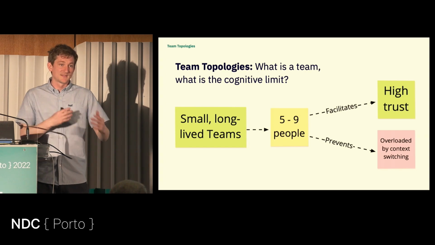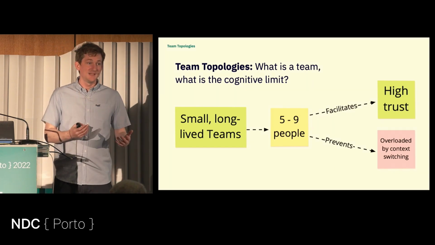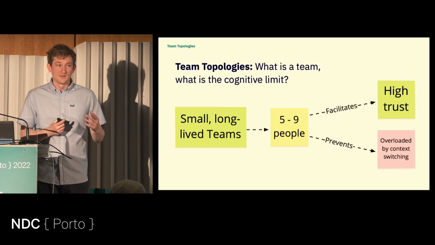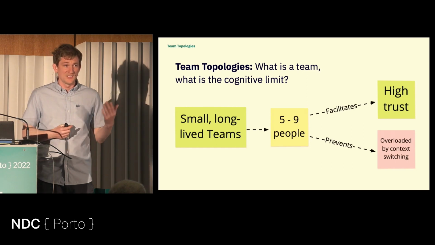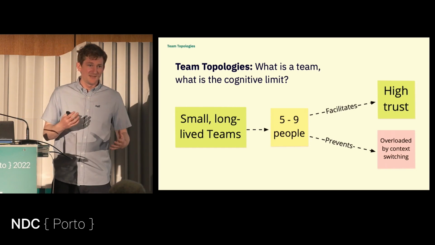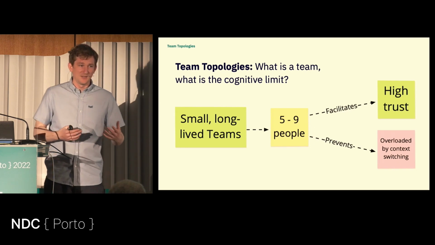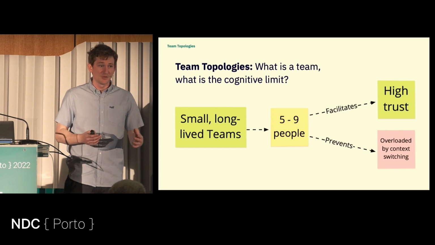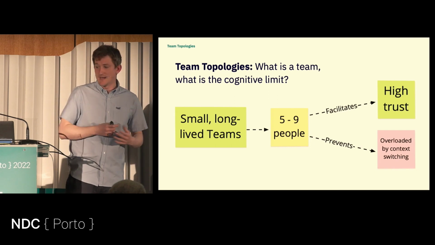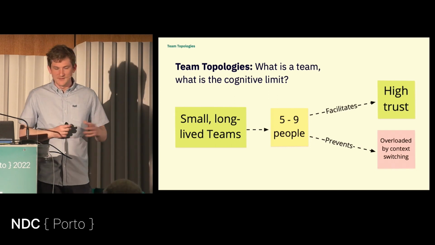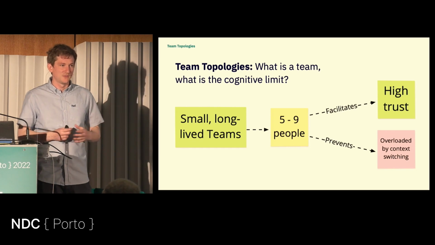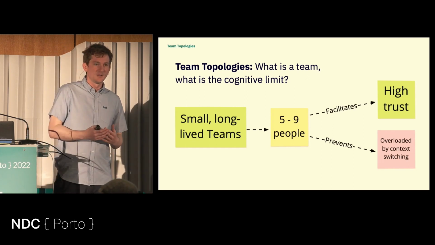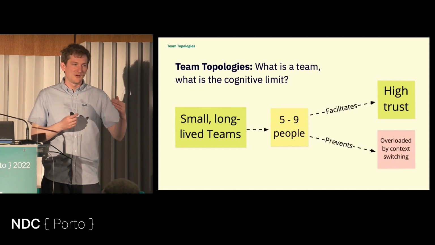They're saying that a good team is 5 to 9 people. In my experience, I would strongly agree with that. When I've been in a team with more than 9 people, you do start to get a lot of distractions. It's hard to keep up with all the people in your team. So I'm quite on board with this. I would have been happy with that anyway. There's also some research which says that the more people in a team, the harder it is to build a high level of trust with that many people.